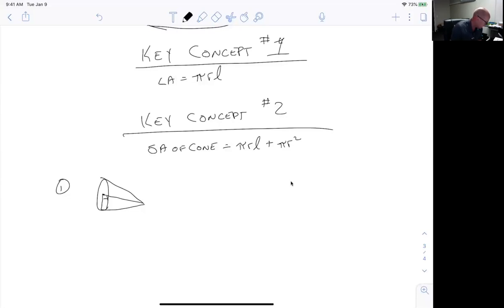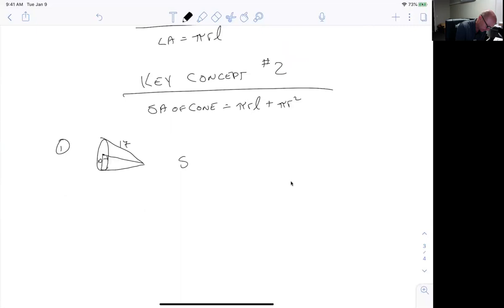Okay, so here we have number 1. It said that the radius of this base is 10 and the slant height is 17. So how am I going to find the surface area of a cone? I'm going to take pi times r times the slant height plus the area of the base, which is pi r squared. And then let's just plug in my information.